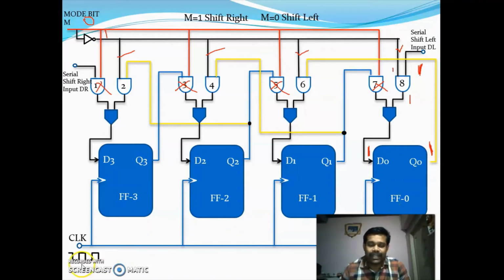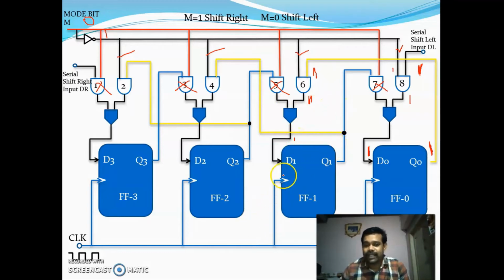Okay. Now during the second clock, this 1 will be coming to the gate 6. So already one of the inputs of this gate 6 is 1, so it will give an output of 1. Since it is an OR gate, it will give an output of 1 even if one of the inputs is 1.